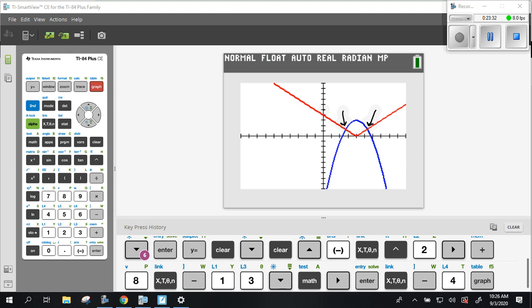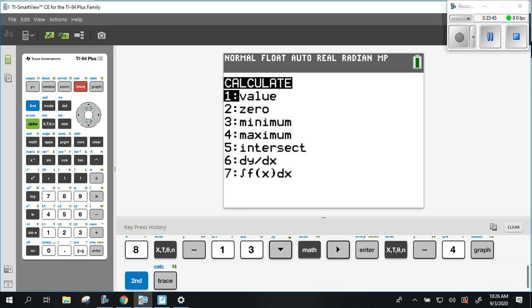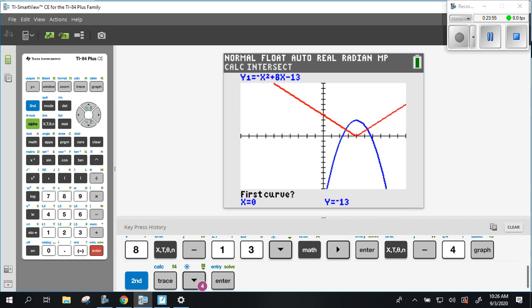And this is how we're going to do it. We're going to hit second and then trace. That's going to get us to our calculate function, okay? And what we're looking for is an intersection. So I'll hit enter. It wants to know, what two things are you asking me for?